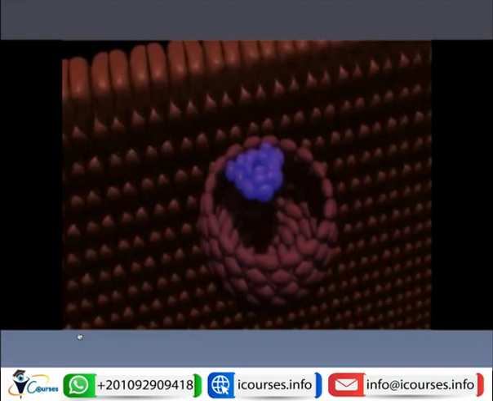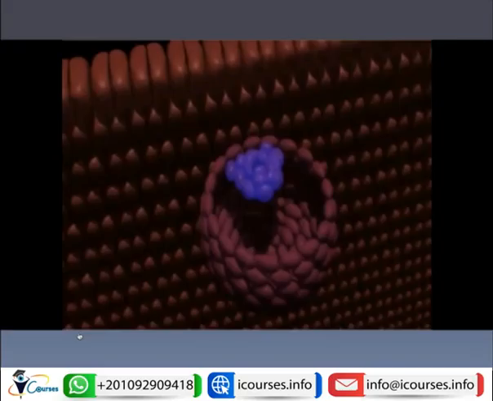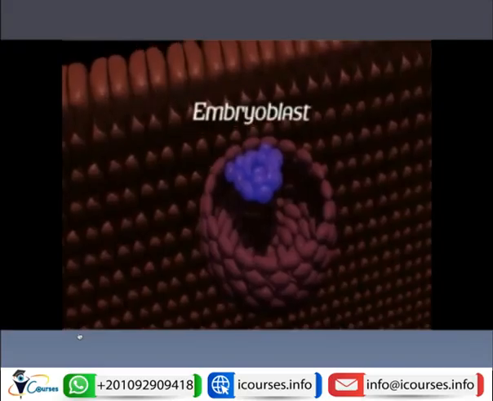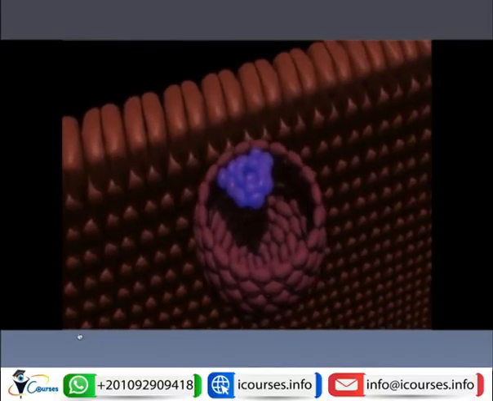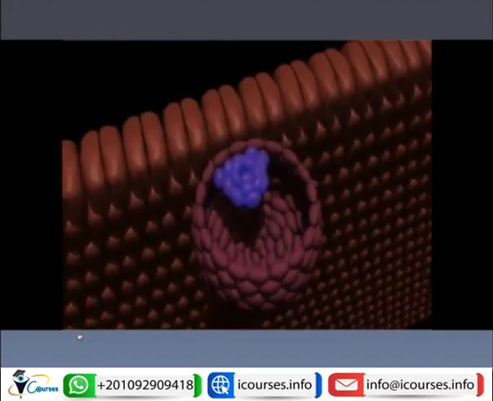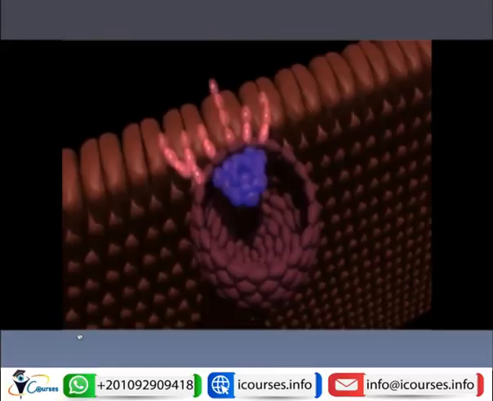Those that line the cavity, or the primary yolk sac, are called trophoblast cells, and a small cluster of cells within the cavity is called the inner cell mass, or the embryoblast. It is the cells of the embryoblast that will now form the embryo proper. The trophoblast cells are associated with implantation of the embryo and then result in the formation of the placenta.